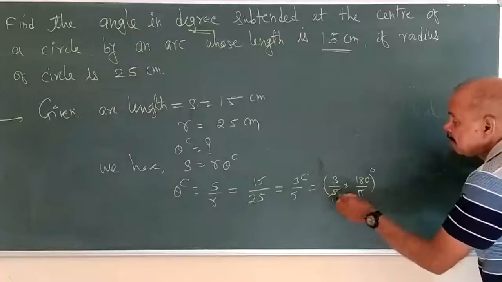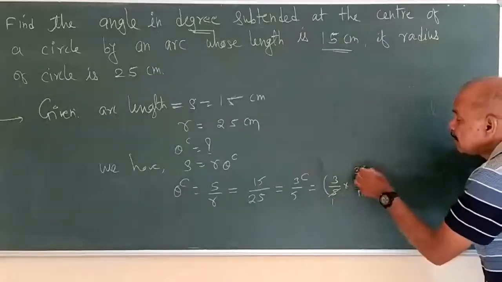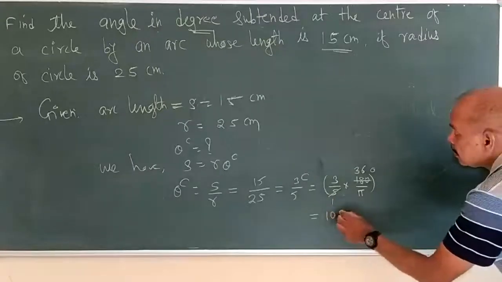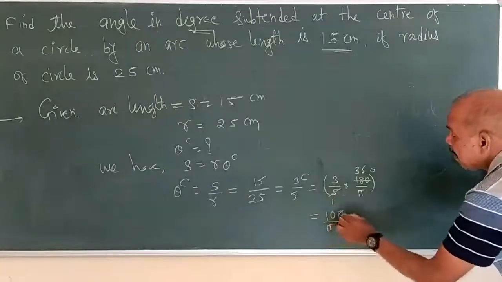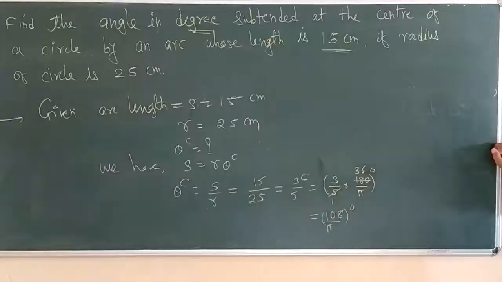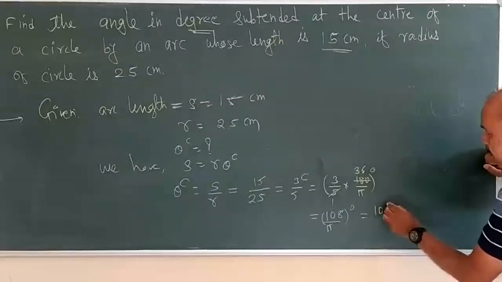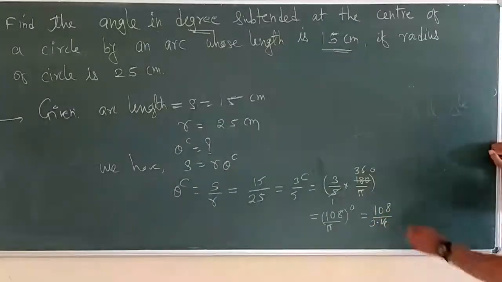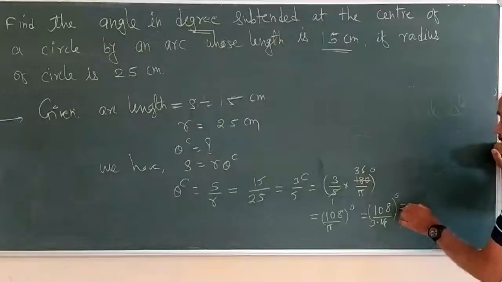So you got 5 ones, 5 threes, 5 6, and that is equal to 108 upon pi degree. If the value of pi is given to be 3.14, okay, then this is your answer in degrees, and then you have to divide by it.